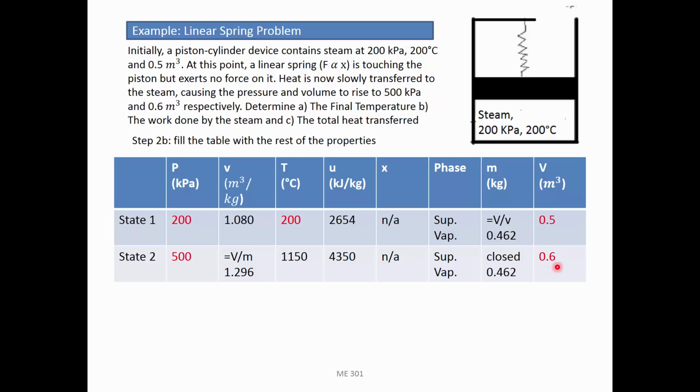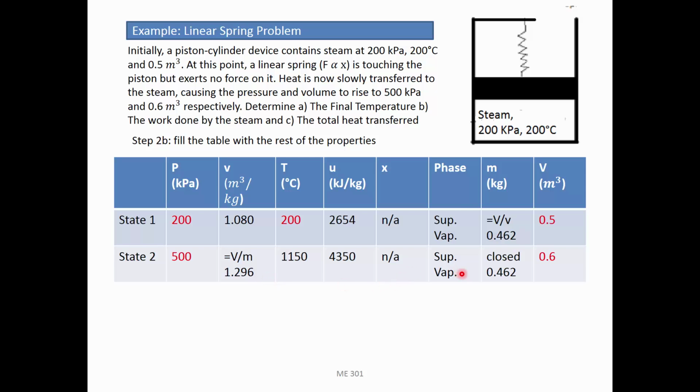Now we have the volume and the mass for state 2. We can then find the specific volume 2, which is 1.296 meter cube per kilogram. Once found, there are now two intensive properties, here and here. For state 2, we can now fill the rest of the blanks.